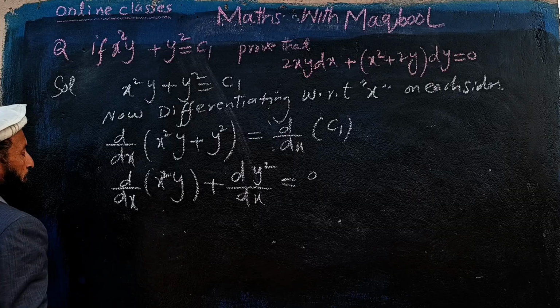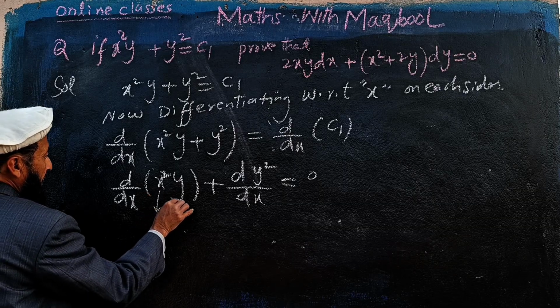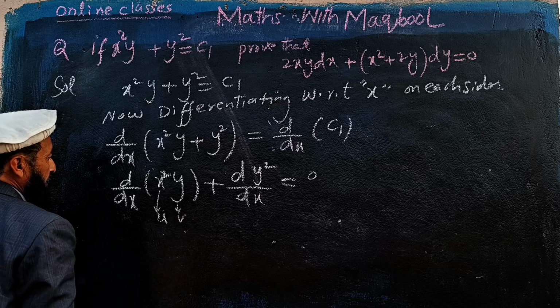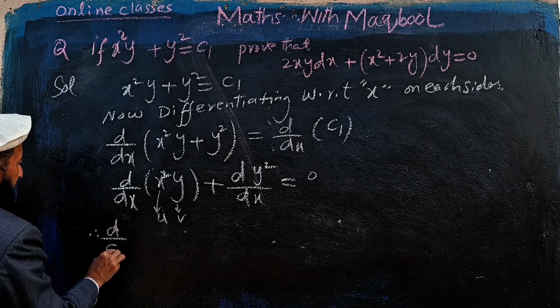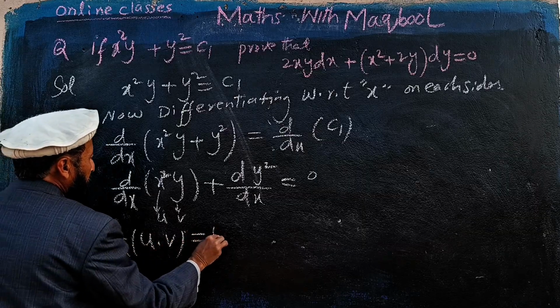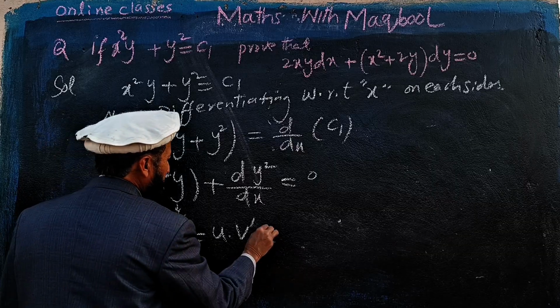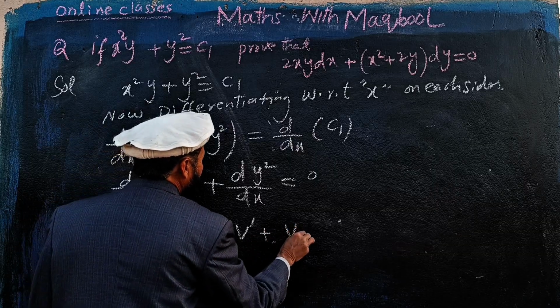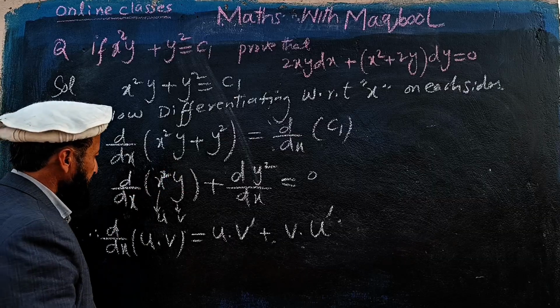Now here we are using the product rule. If we consider this as the u function and this as the v function, then the product rule gives u times v dash, the first function times the derivative of the second, plus v times u dash. According to this rule we apply it on this term.